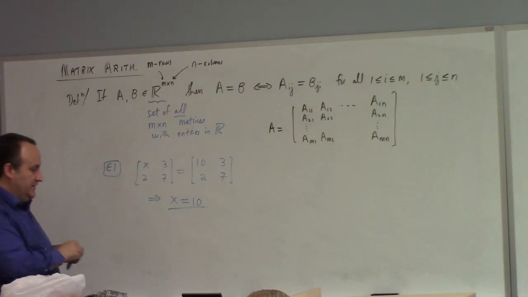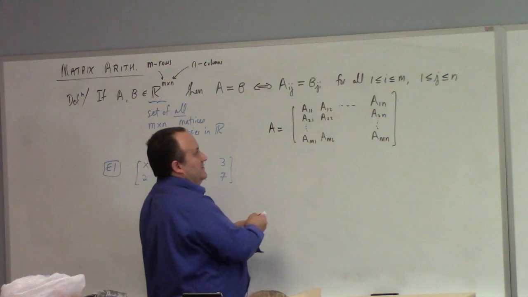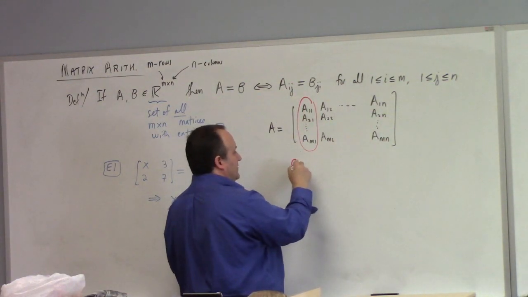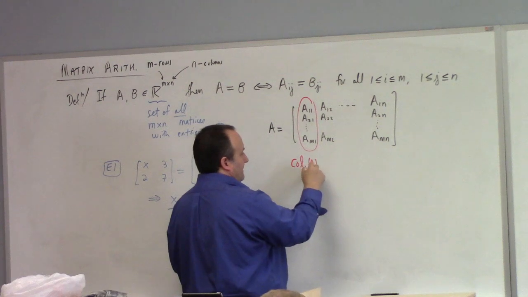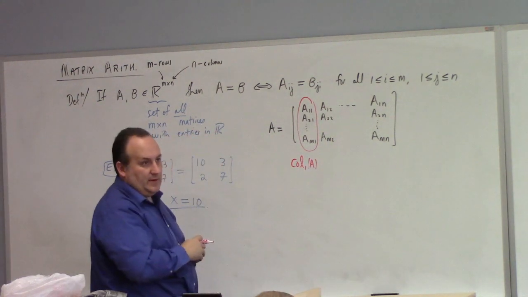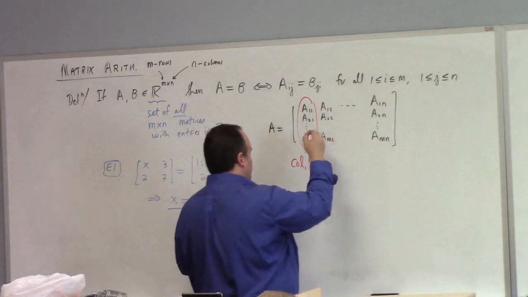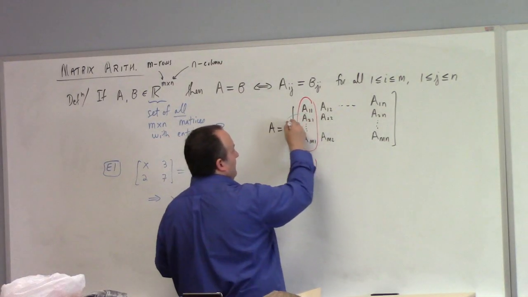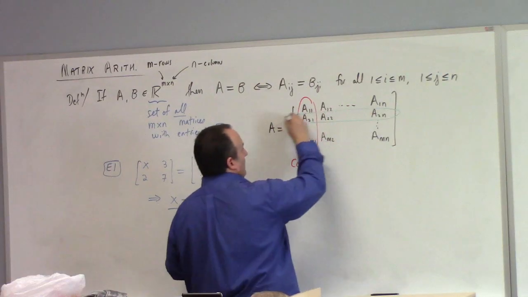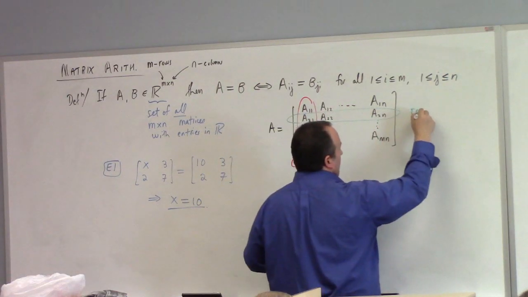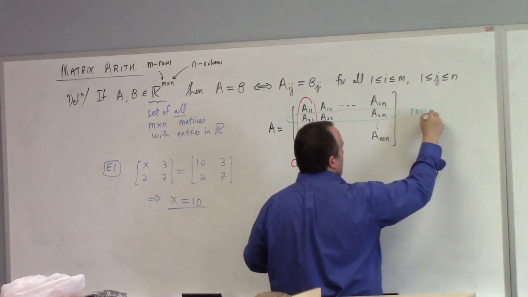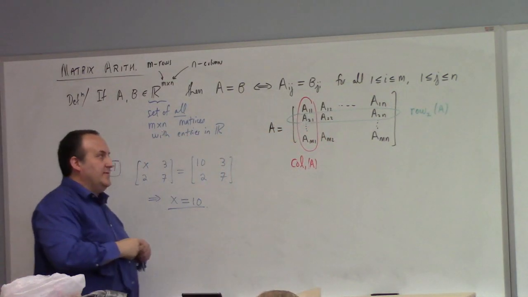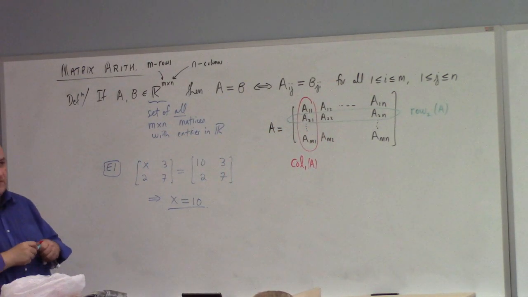For example, if I just look at this part, this is called column 1 of A. All right? If I was to just look at, say, this part, this would be row 2 of A. All right, so we can talk about rows and columns of a matrix.